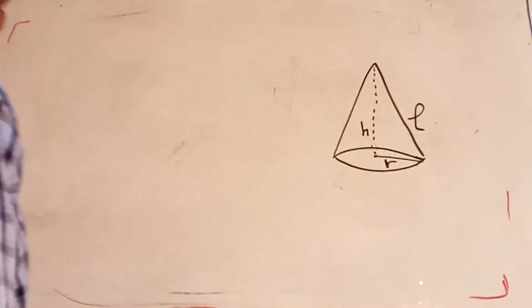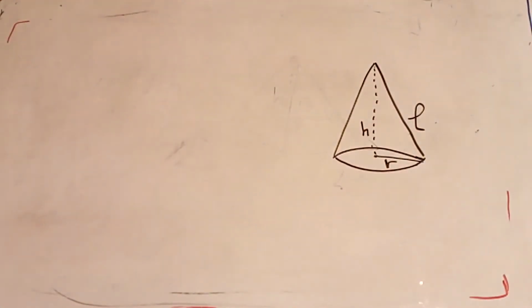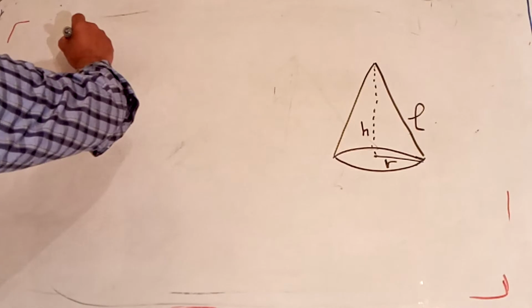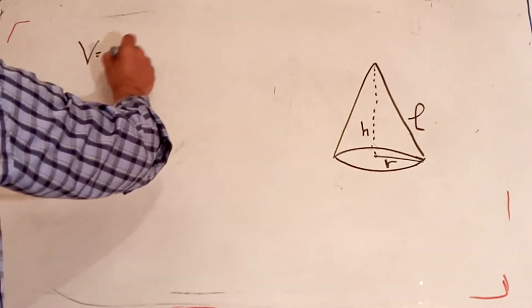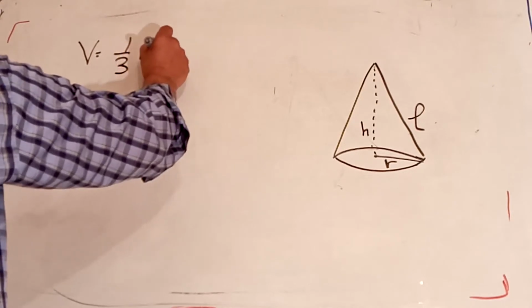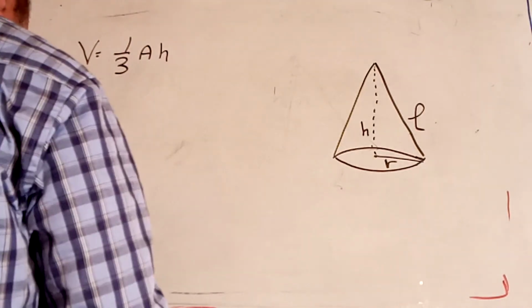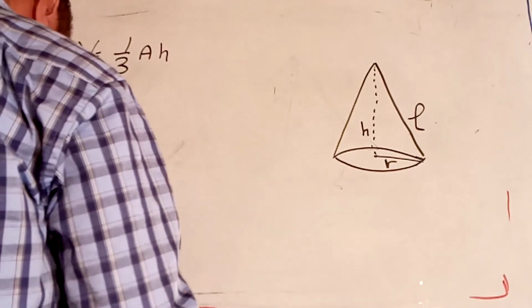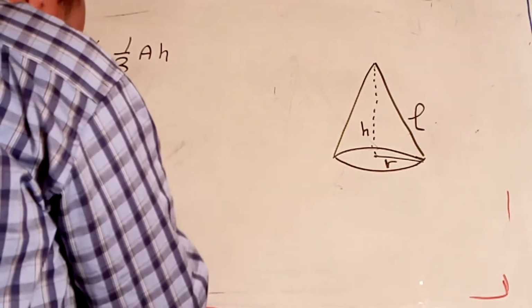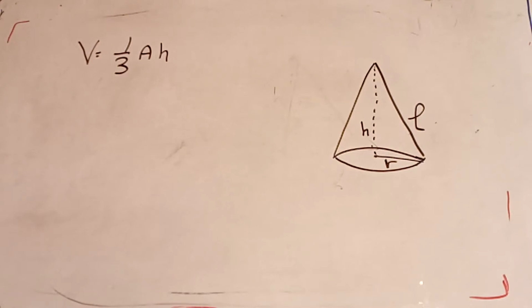We have two rules here. V, the volume, equals 1/3 AH, the same rule that we had for the pyramid, but here the area is a circle, so it's different.